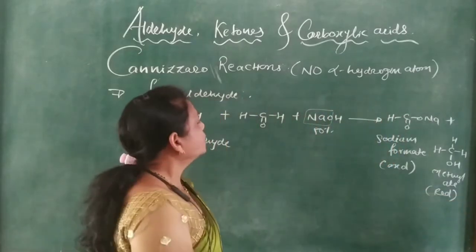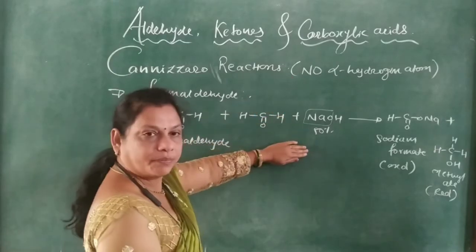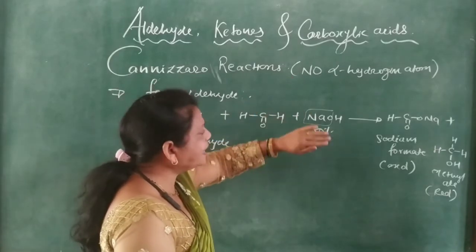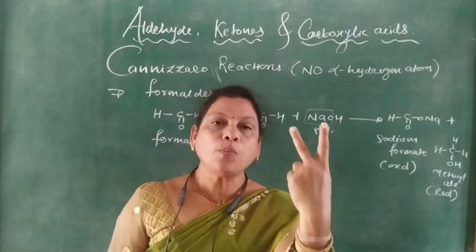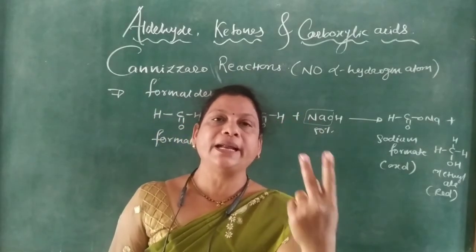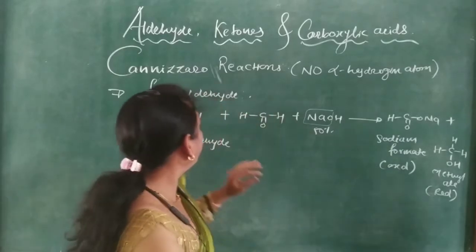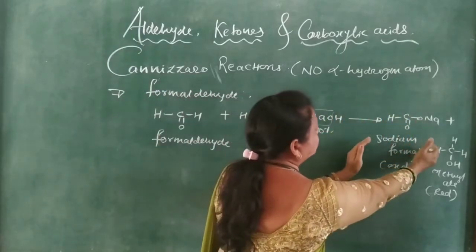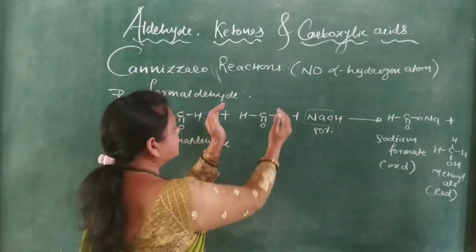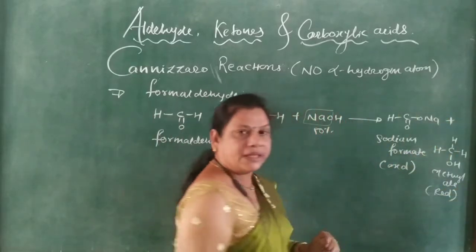So students, see here, this is the one reaction in which, under identical conditions in one beaker, when two formaldehyde molecules are treated with concentrated NaOH, one formaldehyde molecule gets oxidized to sodium formate, whereas another formaldehyde molecule gets reduced to methyl alcohol.